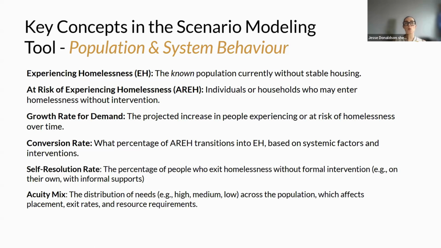Acuity mix. You can also put in the distribution of needs. I actually added a fourth level of acuity. So it's very high, high, medium, low, and that's to represent some of the escalating challenges within complex needs in community. So you can say, I think X percentage of my experiencing homeless population is high needs, X percentage is medium, and X percentage is low.